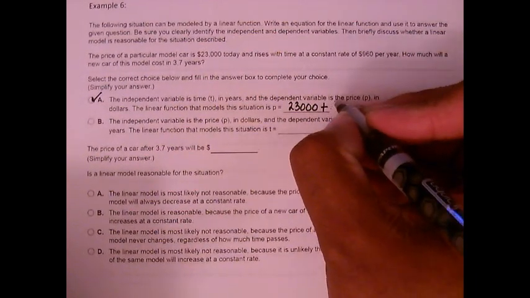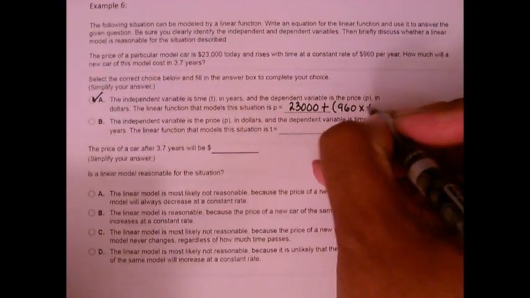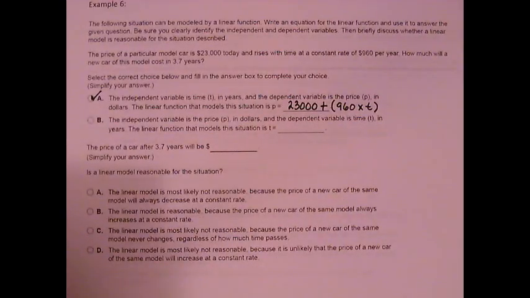So it'll be 23,000 plus 960 times the time t. That would be the linear function here. Starts at 23,000, then increases at $960 per year. That will be our linear function.